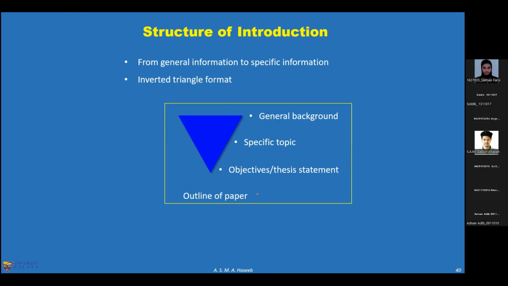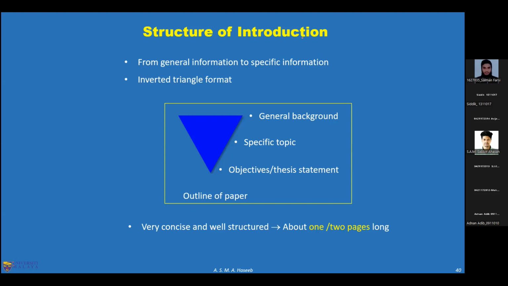We give the scientific information collected from the peer-reviewed papers, describing what others have done, and then telling what is missing in those papers, what is the problem, and then we describe our objectives. And towards the end, we can also write an outline of the paper if we want to. But we have to follow this general format in writing our introduction. It can be 1 to 2 manuscript pages.